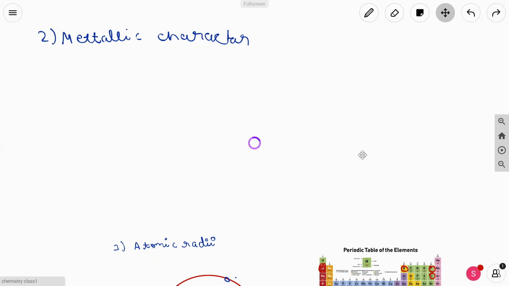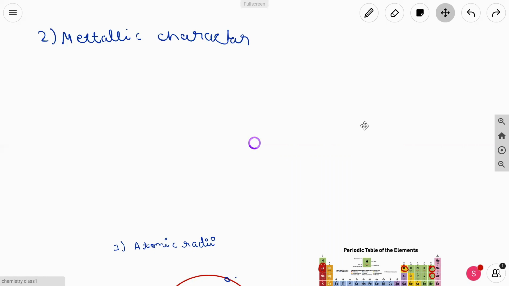Atoms which have a lesser number of valence electrons will generally tend to lose electrons more easily, since after they lose the electrons, they can form their noble gas configuration.